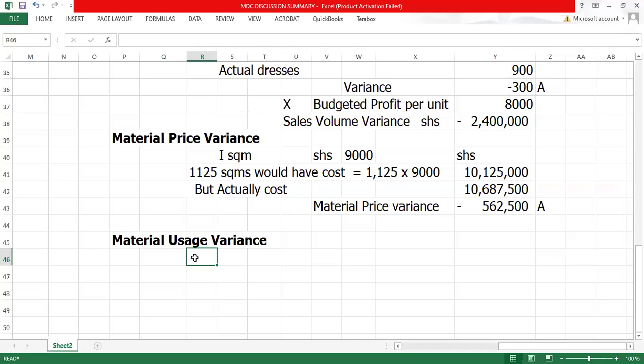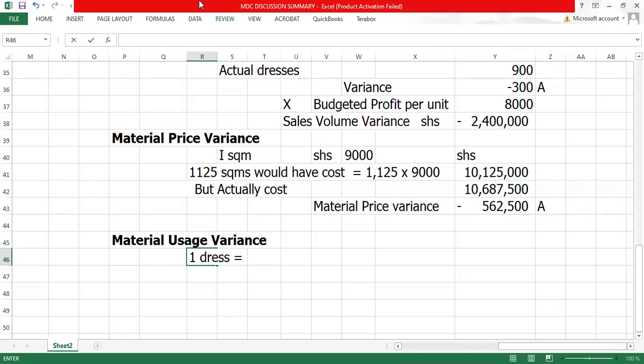You're making dresses. So the question is, for me to make one dress, how many square meters do I need? When you're dealing with material usage, ask yourself, what are you actually producing, and to produce one item, how many quantities do you need?